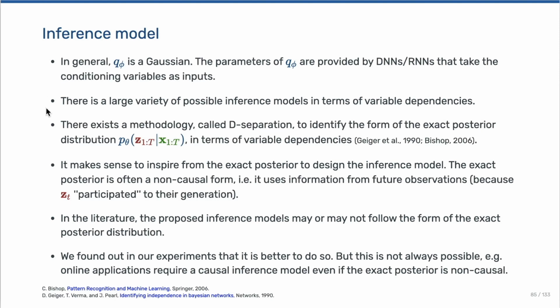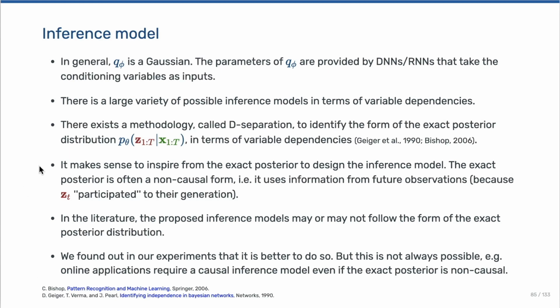The second point is that there is a large variety of possible inference models in terms of variable dependencies. There exists a methodology called d-separation to identify the form of the exact posterior distribution in terms of variable dependencies. We introduced d-separation when we presented the inference model of DKF-DMM, but we have not detailed this method. We just point to those two references, and there are certainly many others.